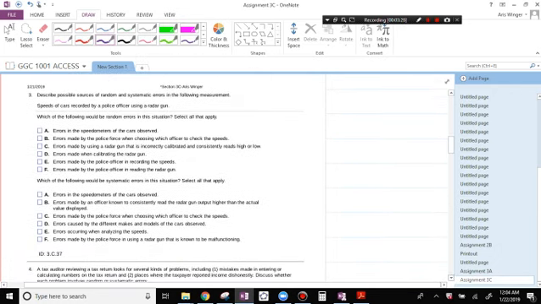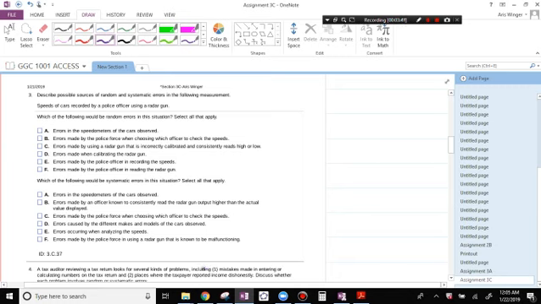Describe the possible sources of random and systematic errors in the following measurement. Speeds of cars recorded by a police officer using a radar gun. Errors in the speedometers of the cars observed. That's not unpredictable or unreliable.